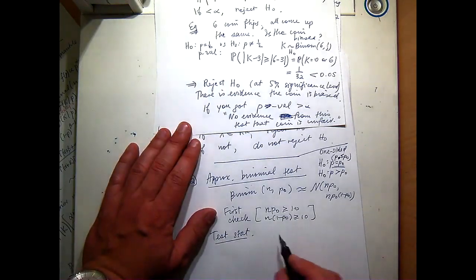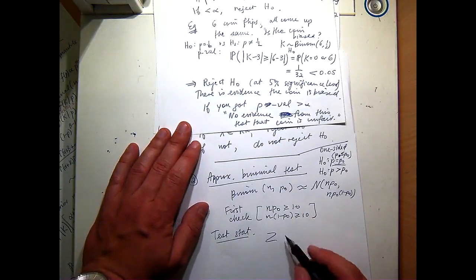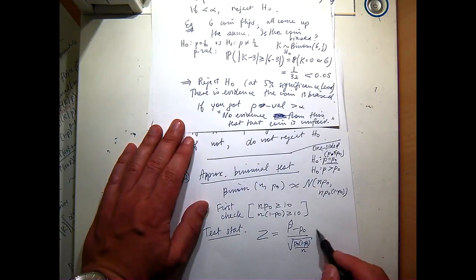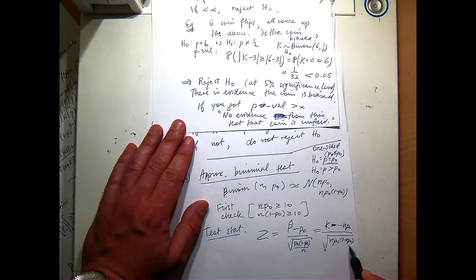So the test statistic is always a Z because you just standardize. It's the observed p hat minus p naught divided by the square root of p naught times 1 minus p naught over n. Depending on whether you use that or the other form, you'll get exactly the same thing: k minus np0 divided by the square root of np0 times 1 minus p0.